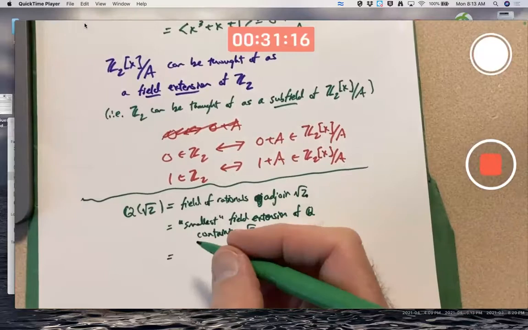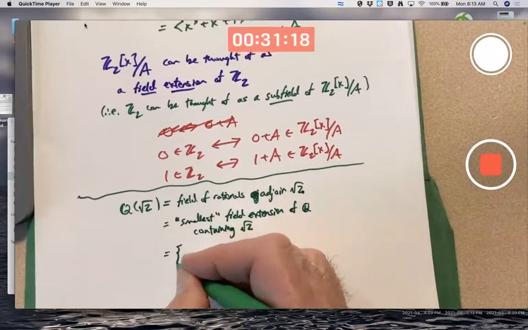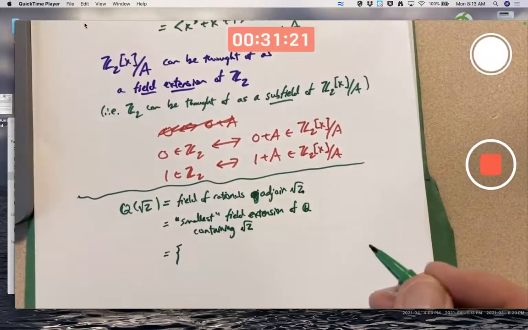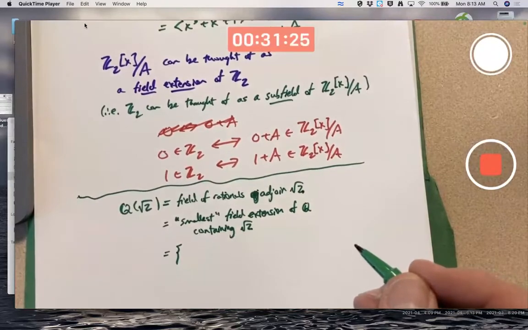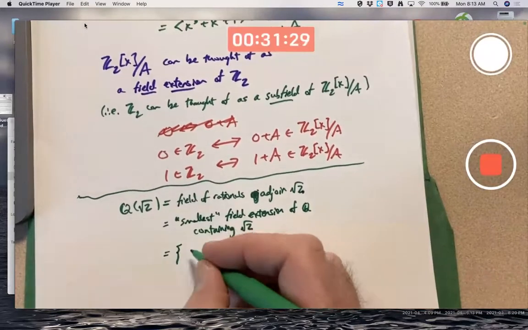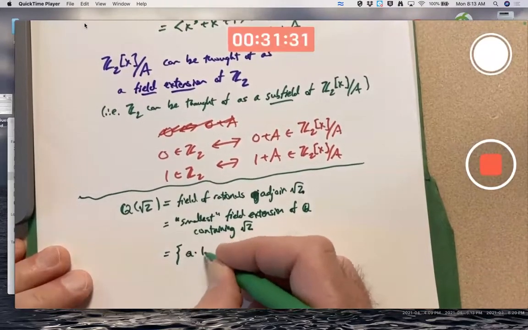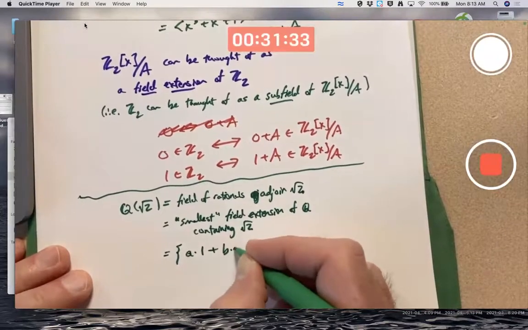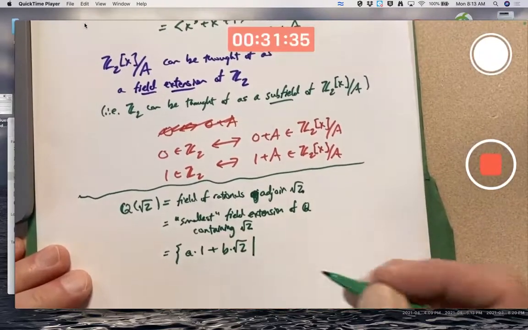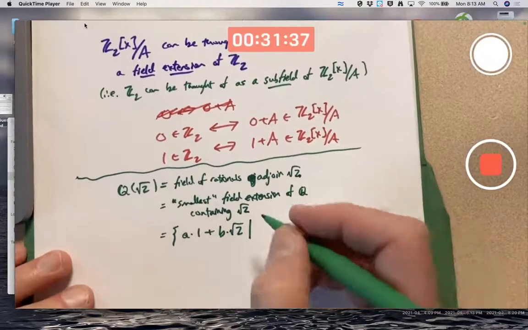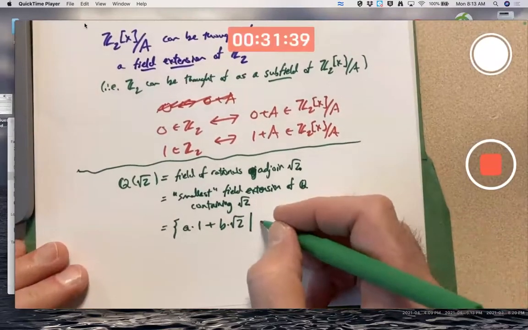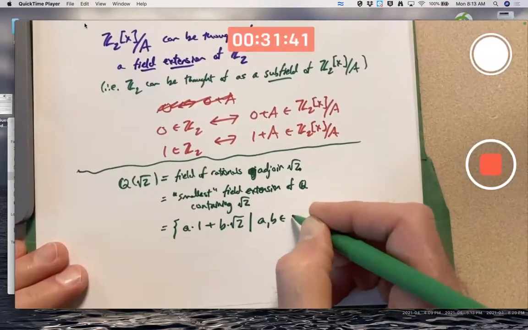What do its elements look like? Its elements are linear combinations of the number 1 and the number square root of 2: a times 1 plus b times root 2, where the coefficients, the scalars of the linear combination, are rational numbers.